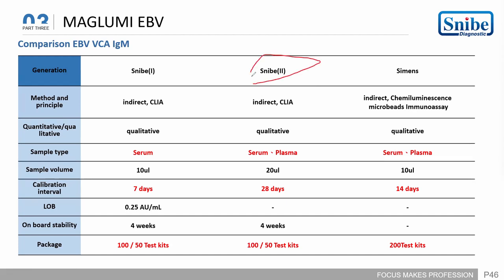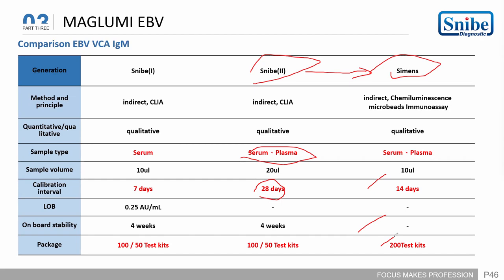The second generation is definitely the improved version, because its serum and plasma sample type and onboard calibration stability are improved. In comparison with Siemens, both are qualitative, and we have an edge in onboard calibration interval stability, while the onboard stability is not available for Siemens, and they have a pack size of 200 tests.